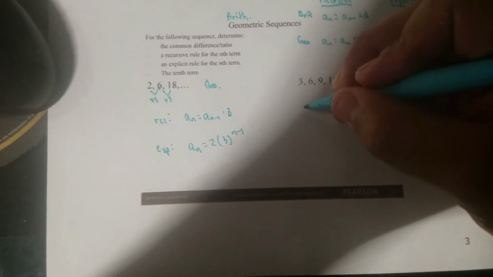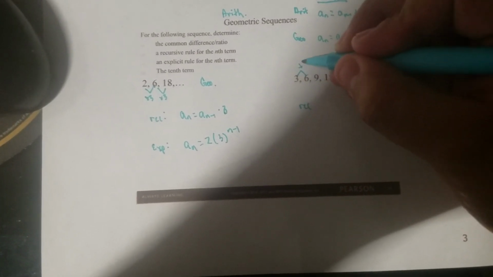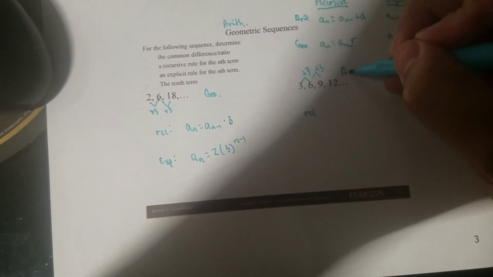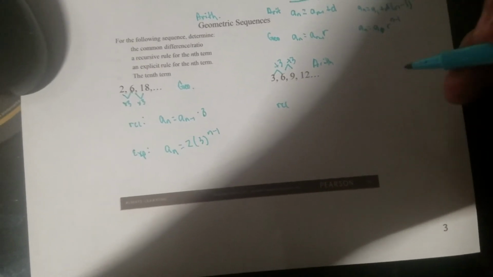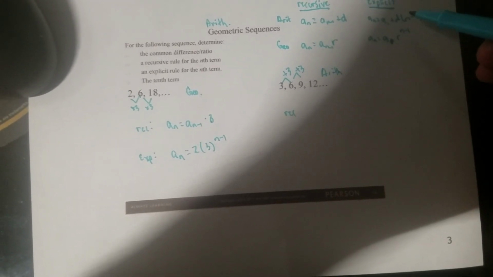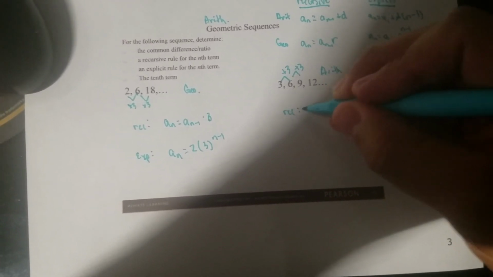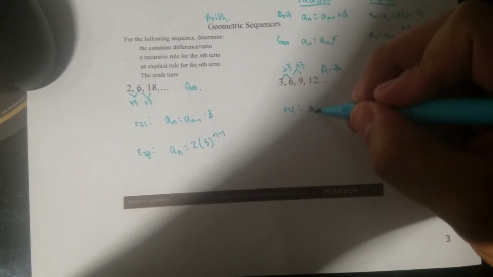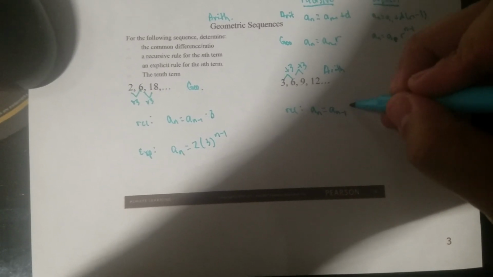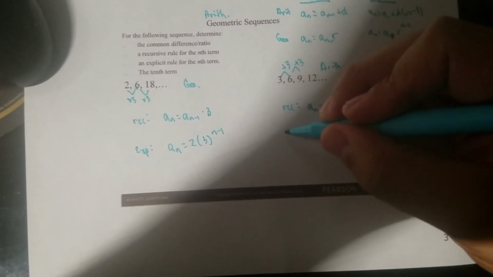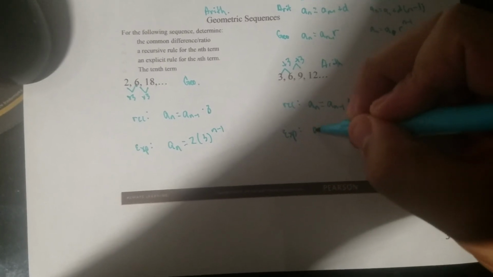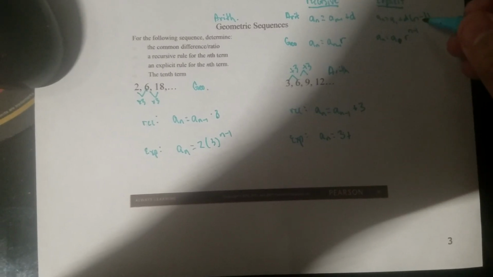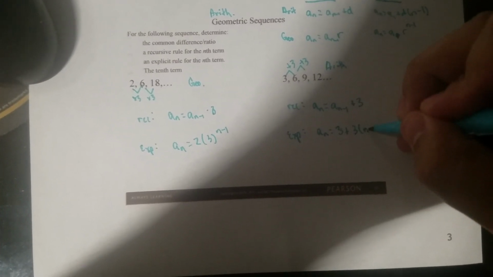And over here, my recursive, so this is adding 3 on each one. So this is arithmetic. So my recursive equation for arithmetic here is a sub n minus 1 plus 3, which is d, and the explicit is a1, which is 3, plus d, which is also 3, times n minus 1.